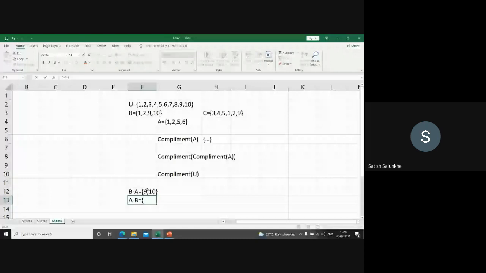Excluding the elements of set B from set A, whatever are the remaining elements in set A. From set A, 1 and 2 are removed. The rest is the same, so only 5, 6. That's it.